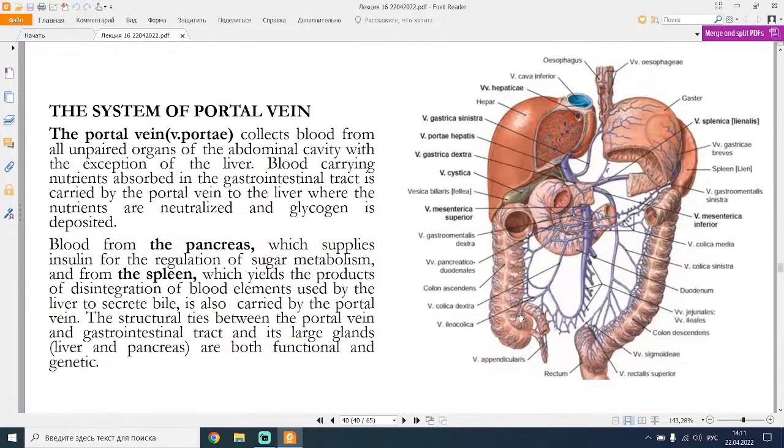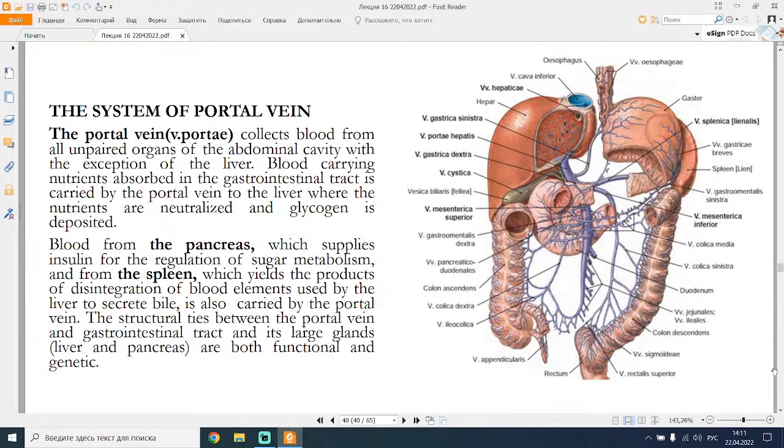Next system, the system of the portal vein. The portal vein, vena porta, collects blood from all unpaired organs of the abdominal cavity, with the exception of the liver.